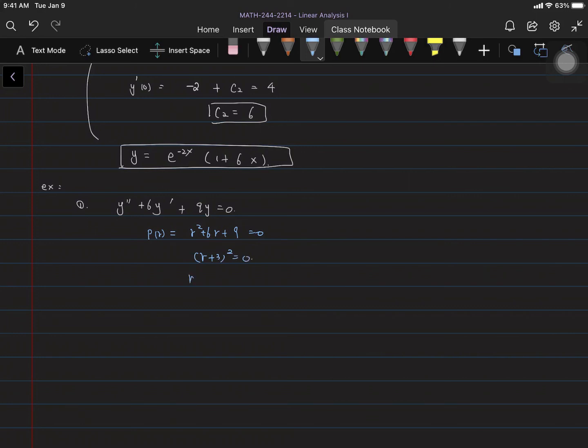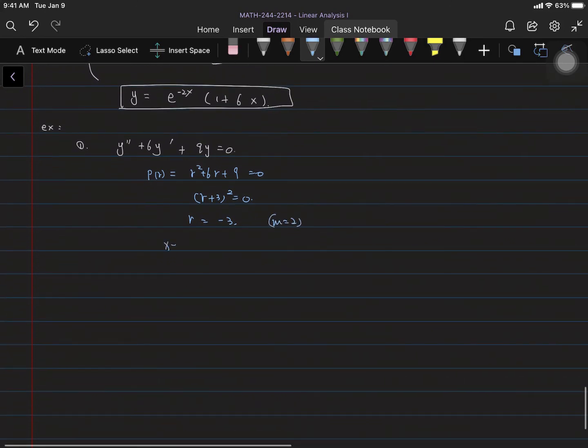The solutions should be x e to the negative 2x and e to the negative 2x. So the general solution is C1 times this plus C2 times this one. And for the second problem, let's solve this.